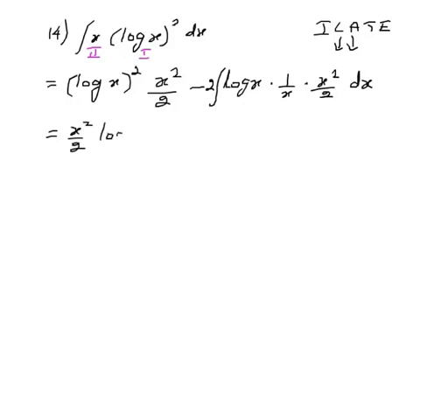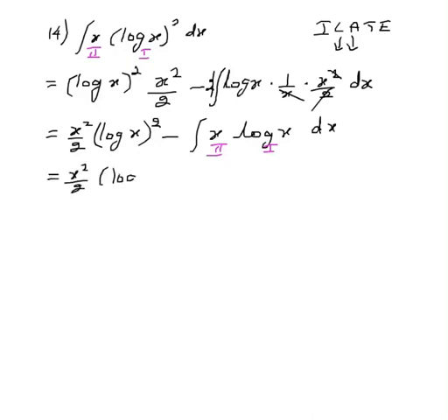X square divided by 2 log x the whole square minus integral x log x dx. Before the power was 2 log x the whole square, now the power has become 1. Let us use by parts method again. L comes first function and second function. First function into integral of the second, which is x squared by 2 minus integral differential of the first function.